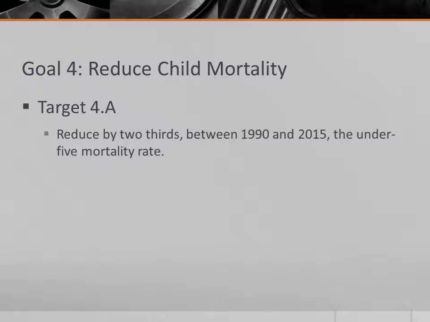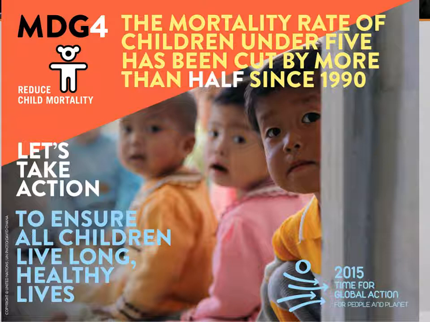And so there's still room for improvement with regards to this. So the mortality rate of children under 5 has been cut by more than half since 1990. We mentioned that it went from 90 down to 43, but remember the goal was to cut it by 2/3. So it wasn't accomplished, but still improvement.